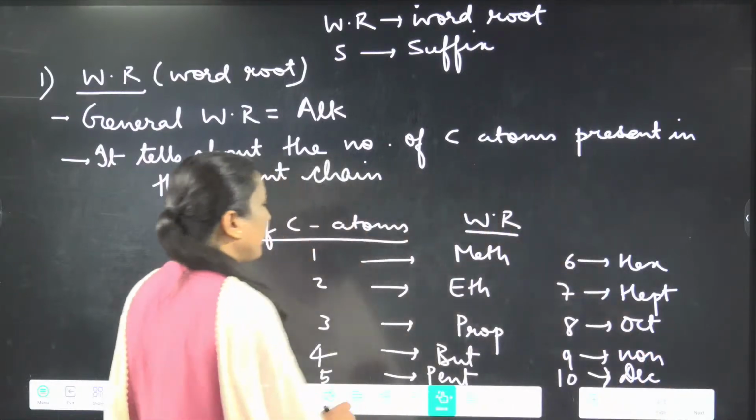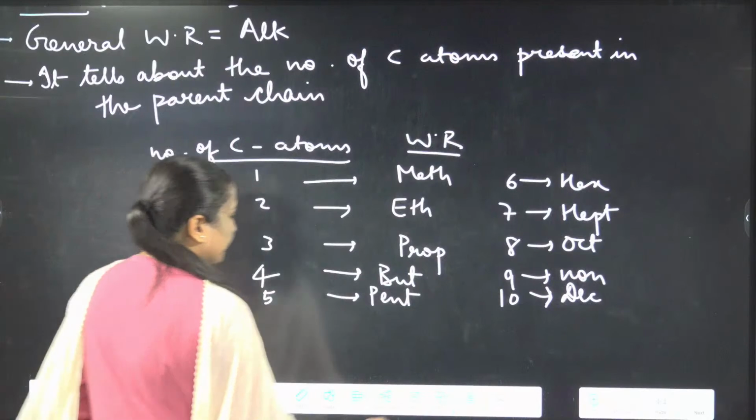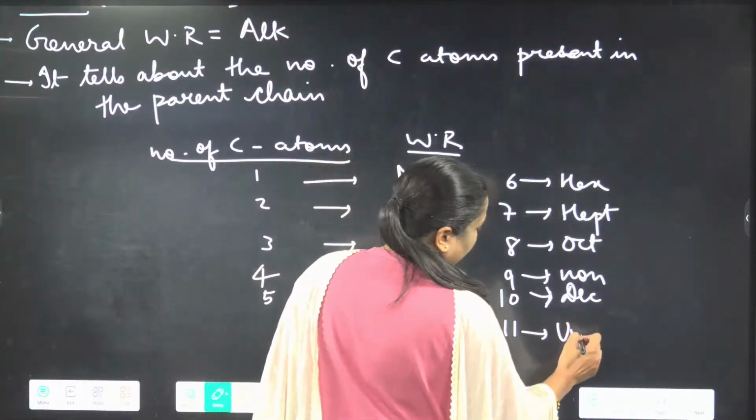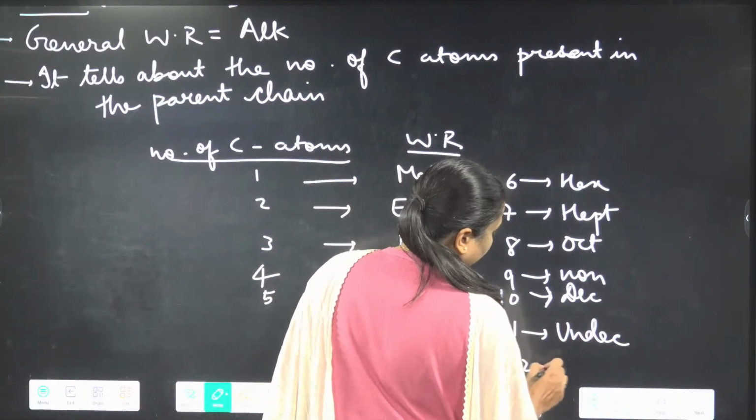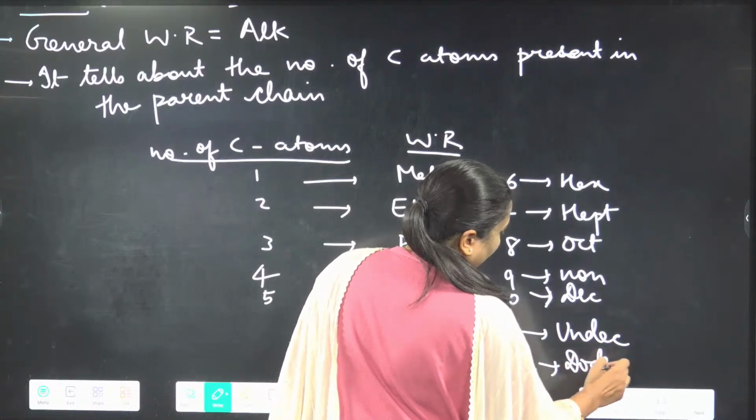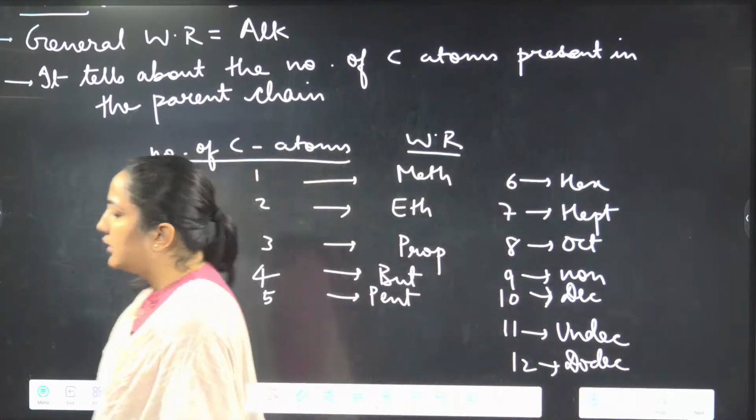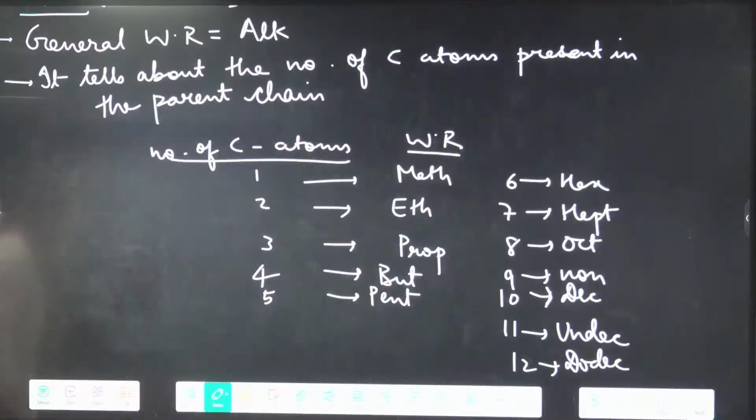And 11 and 12 are undec and dodec. More than this, it won't be asked to you. That is the reason I am not writing it further. Please write it and then we'll proceed.